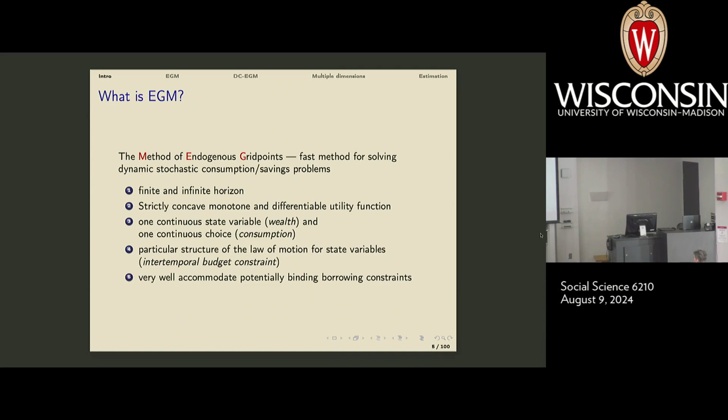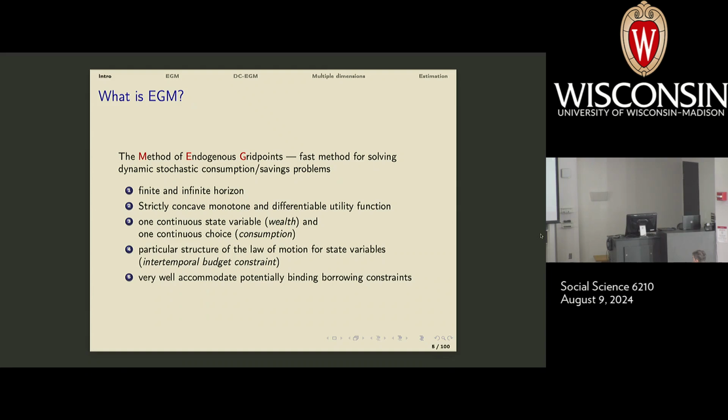One continuous state variable, think of wealth, and one continuous choice variable, think consumption. Wealth and consumption is the example that I'm going to use throughout. You can already feel that there's a special connection between these two variables. The state variable represents some sort of a stock, and the choice variable represents some sort of utilization of that stock.